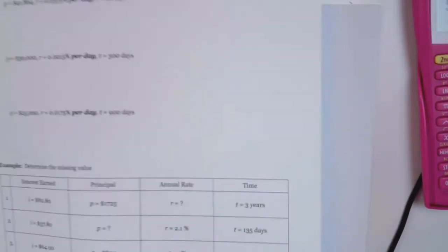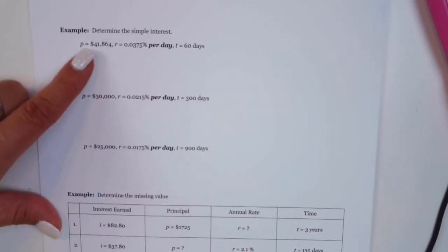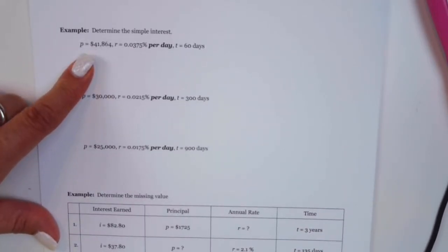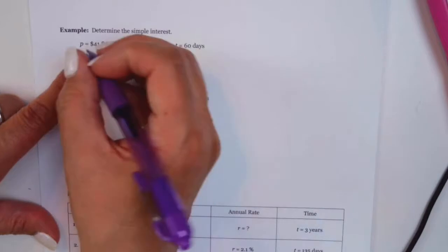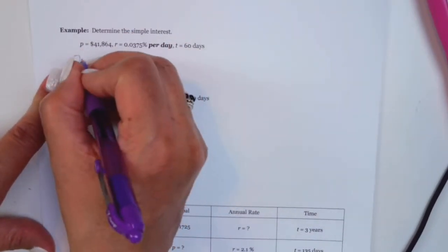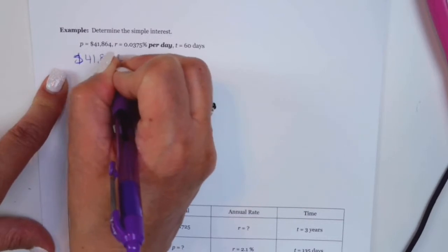We're still using the same formula here. Okay, next example. Again, we're still determining the simple interest. Now, watch the wording. So our principal is $41,864.